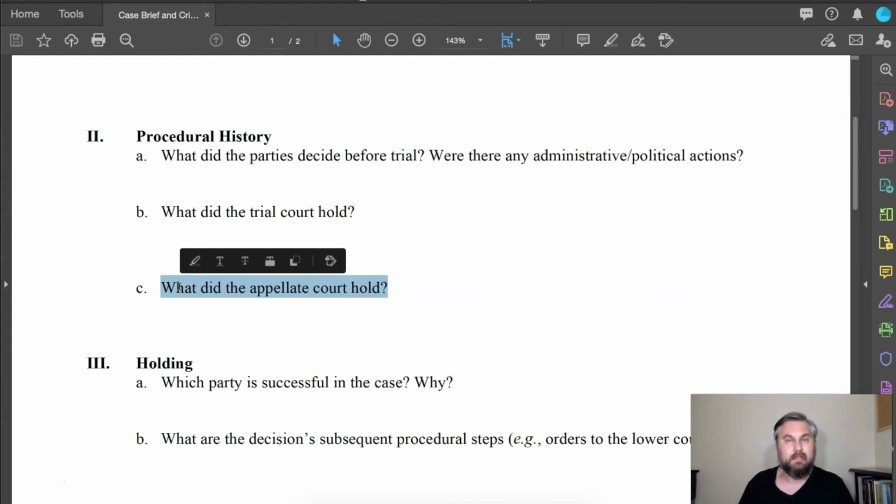So you want to be able to sketch out the trajectory, because you want to be able to see who got the law right and who got the law wrong. It's also an opportunity to see where the ambiguity is. In many cases, once it gets up to the highest court, there's really an open question.